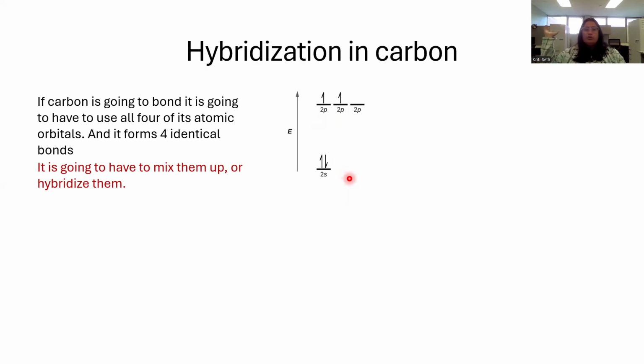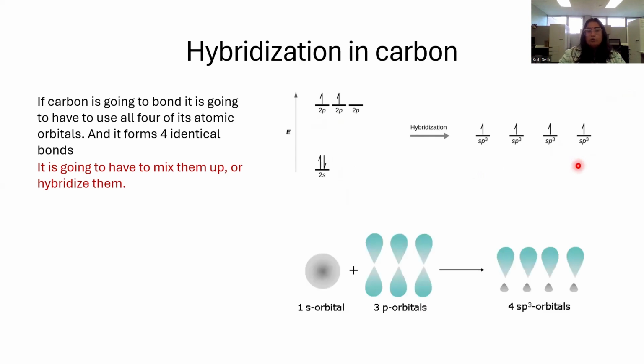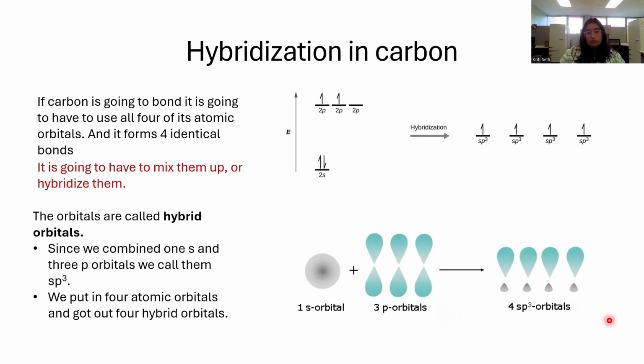Think of it as putting the 2s orbital and the 3 2p orbitals together, mixing them up, and you get 4 hybridized orbitals. So you see that I put in a spherical 2s orbital and then 3 2p orbitals, which were dumbbell shaped, and you get something like this. These are 4 sp3 orbitals.